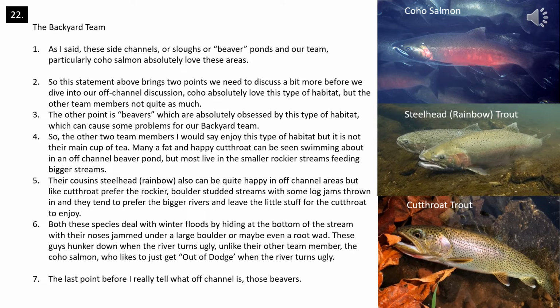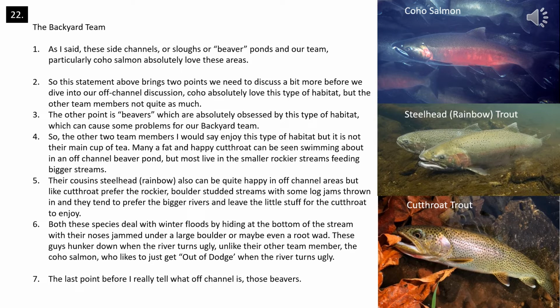So the trout species, as we talked about in Lynn Creek, typically during a flood jam their noses under a large boulder or even a root wad. Now they need something stable to do that. It can't be just a gravel bed that's moving in a flood. It has to be something large and stable, like a boulder or a permanent log jam. The coho salmon typically, well, they'll use complex log jams, and they will survive in these habitats over the winter if they're complex enough and they don't have too much energy during a flood.